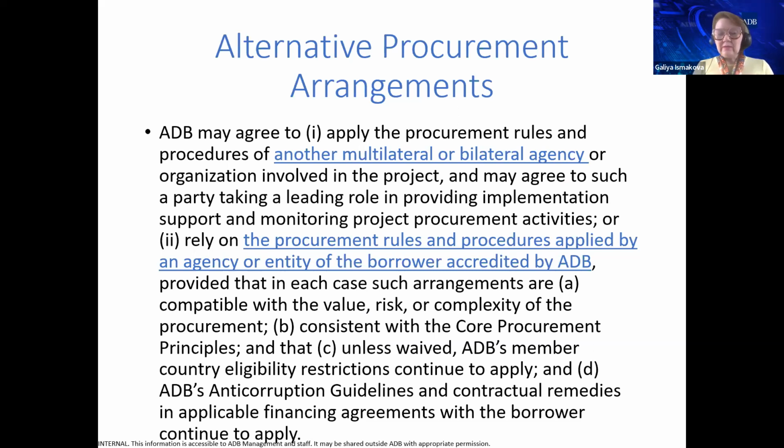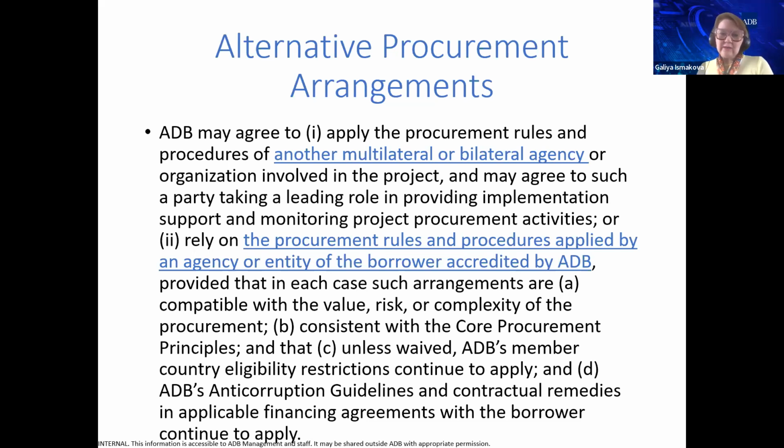And ADB in these cases may agree to apply the procurement rules or procedures of another multilateral or bilateral agency or organization involved in the project, and may agree to such a party taking a leading role in providing implementation support and monitoring project procurement activities.